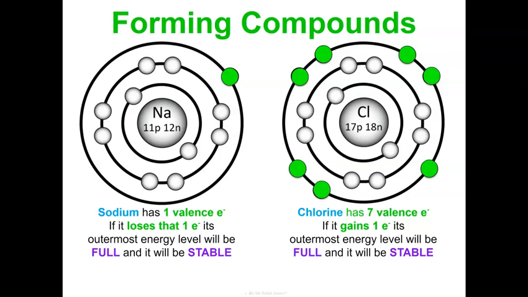Now, what's the rule that they want to meet? How many electrons do they want in their outer shell? They want 8. So it's pretty simple math to see if sodium has 1 valence electron and chlorine has 7 valence electrons, if sodium gives up its electron to chlorine, they will both be stable. Because in sodium giving up its 1 electron, now its next shell has 8. And in chlorine taking on 1 electron, its outer shell has 8.